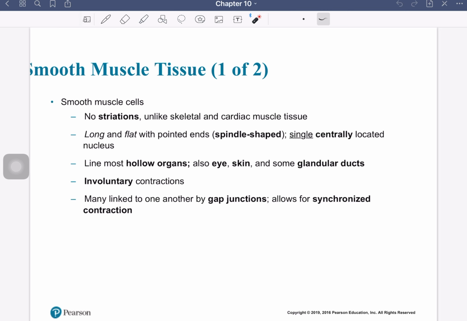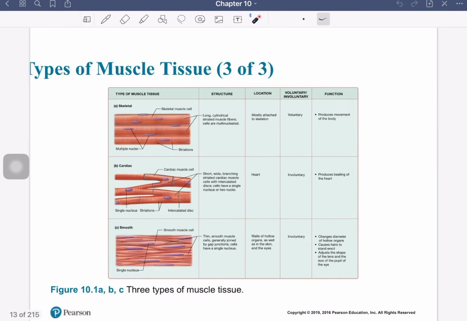So we find them lining hollow organs, lining certain walls of the GI tract, making up some of the layers of blood vessels, things like that. And depends on what type of smooth muscle we're looking at, but they're linked by gap junctions, and that allows for a synchronous contraction.